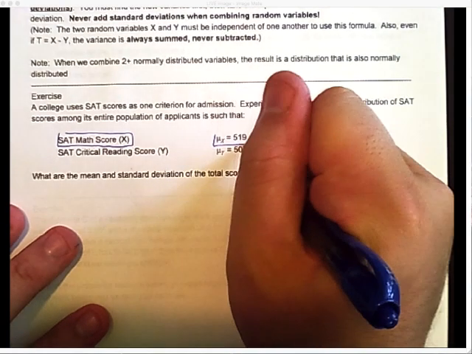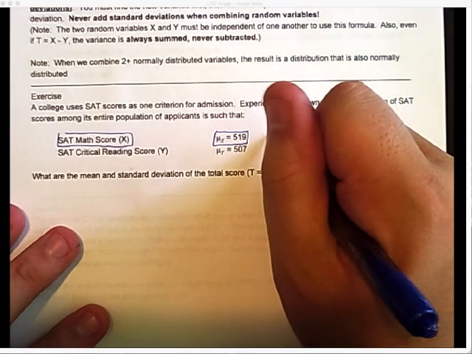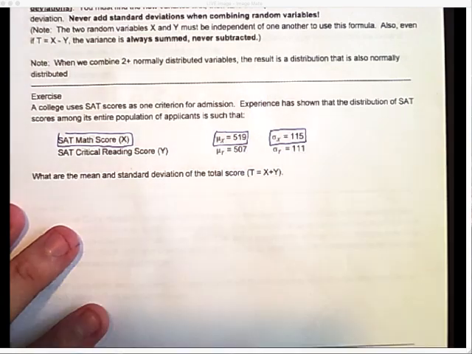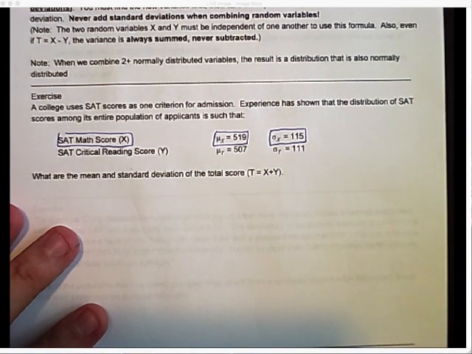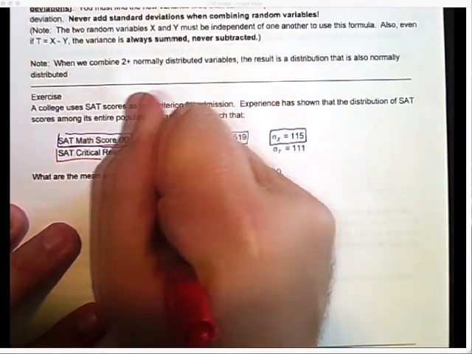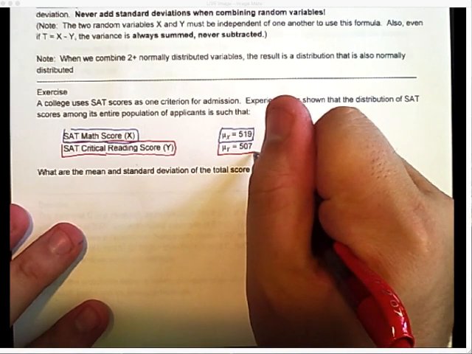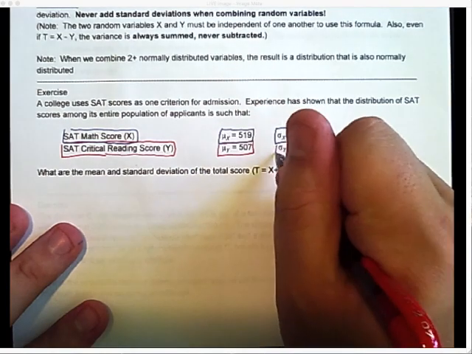The average student has a mean of 519 on their SAT math, and a standard deviation of 115. And the critical reading, we're calling that variable y. The mean of the critical reading score is 507, and the spread, or the standard deviation, is 111.